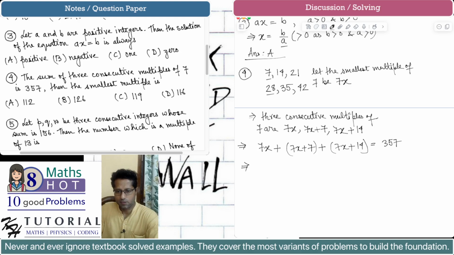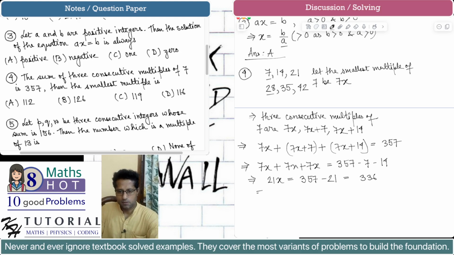We keep the variable terms, that is the x terms, on the left hand side and bring all the constant terms to the right hand side, and we get 7x plus 7x plus 7x is equal to 357 minus 7 minus 14. So this implies the LHS becomes 21x is equal to 357 minus 21, which is equal to 336.